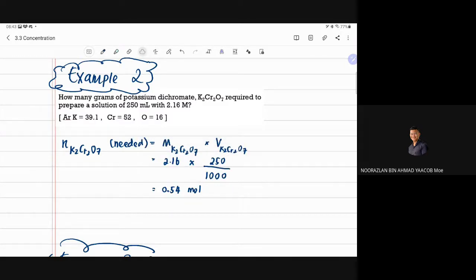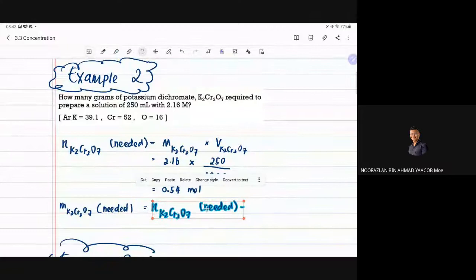Right. So now we want to find the mass. Mass of K2Cr2O7 needed. Okay, sama dengan number of mole needed.